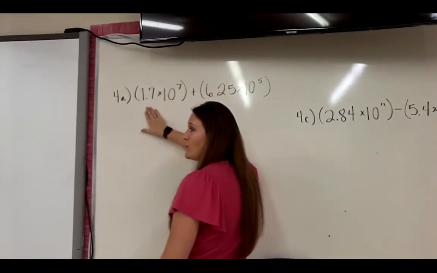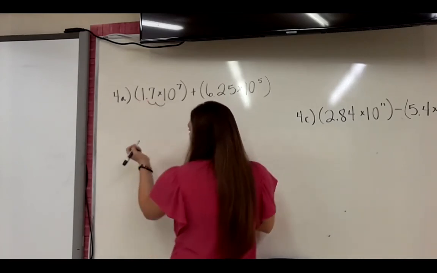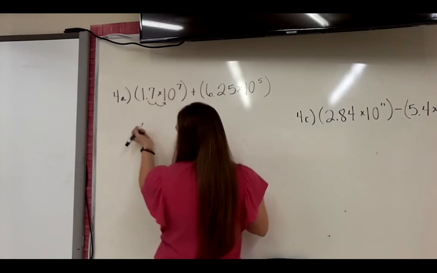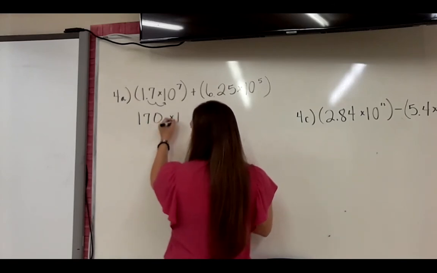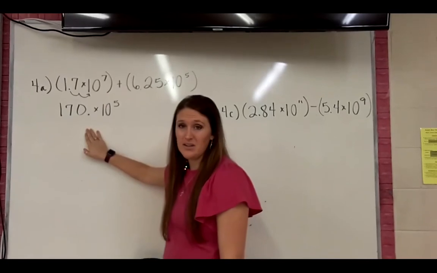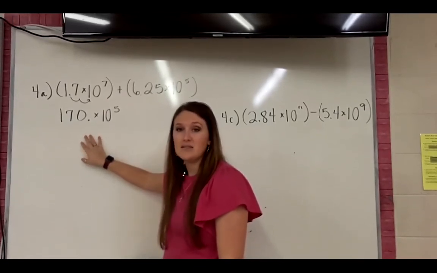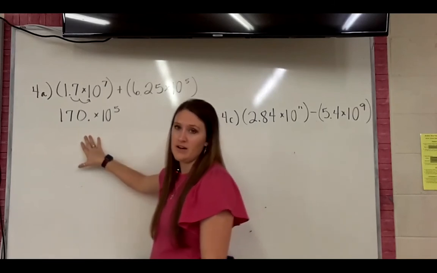So if I'm going to take 2 places away, I'm just going to undo 2 of them. So there's a 7, I have 1 empty spot, which means I would add a 0. So my decimal is now here, times 10 to the 5th. Now if you look at that, that's not in correct scientific notation. That's not simplified, but we can do that to solve the problem and then simplify our final answer.